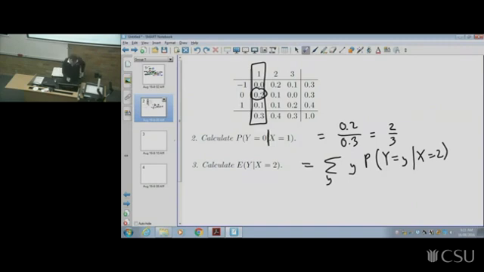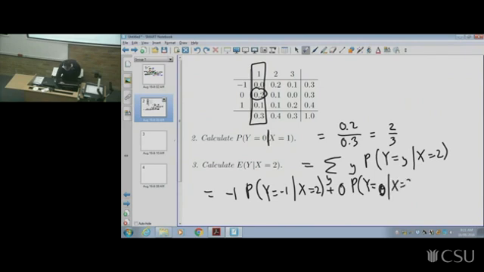So in this case, it's y equals -1 to begin with. So it's -1 times the probability that y equals -1 given x equals 2. That's the first case. The next option is when little y is 0. So 0 times the probability. Yeah, and that's going to be 0.